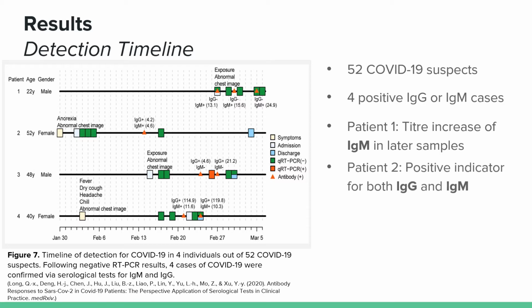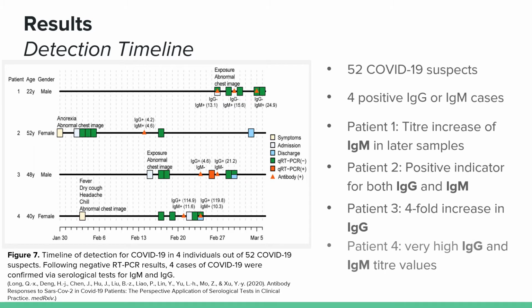Patient 2 had positive indications for both IgG and IgM. Patient 3 showed a 4-fold increase in IgG towards the end of the study, and patient 4 had an extremely high level of IgG and IgM titers, which was an increase of 110-fold more than the cutoff values.